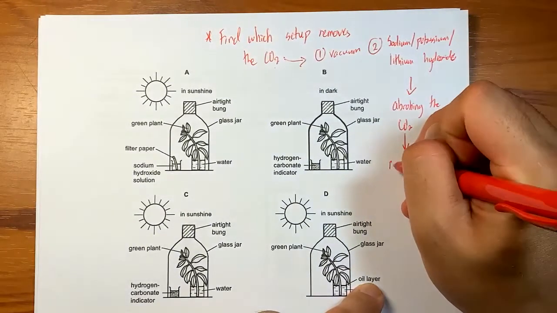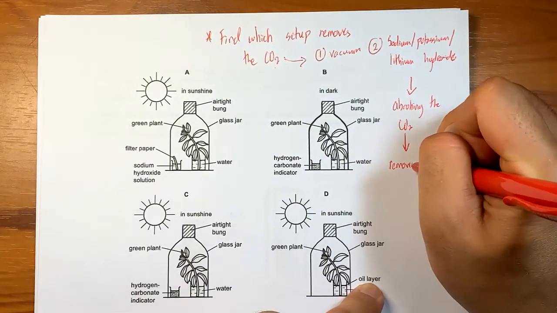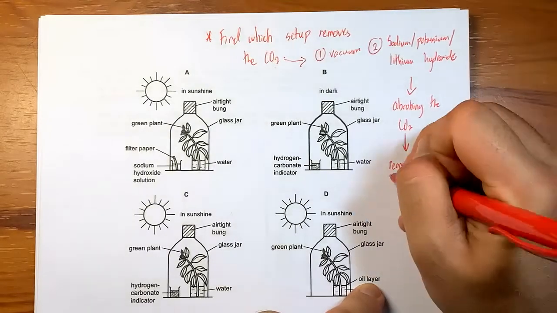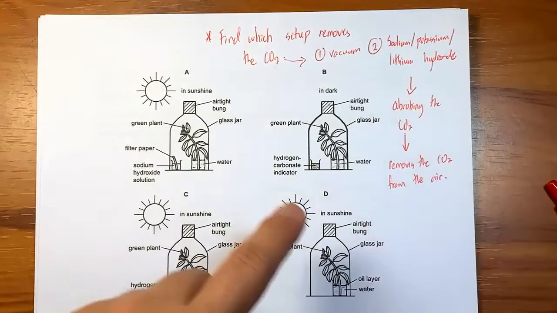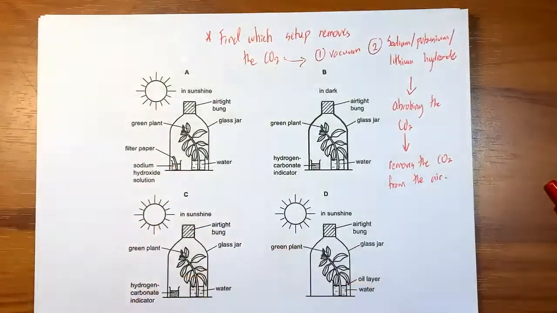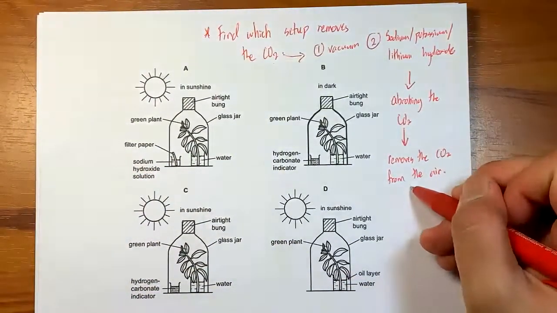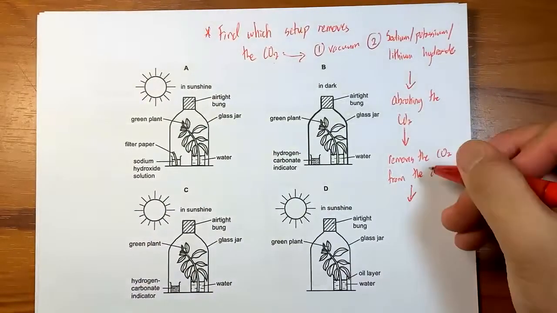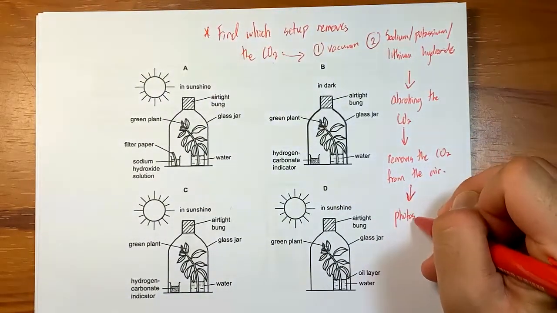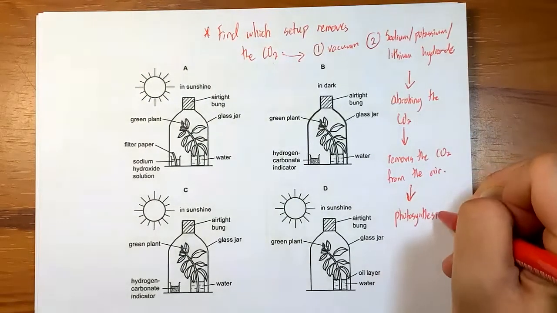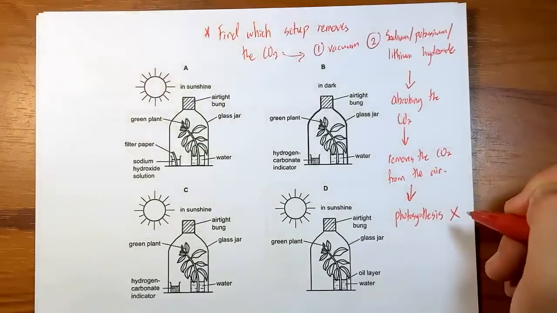So in other words, it removes the CO2 from the air. If it removes the CO2 from the air, as a result, photosynthesis will not occur, right?